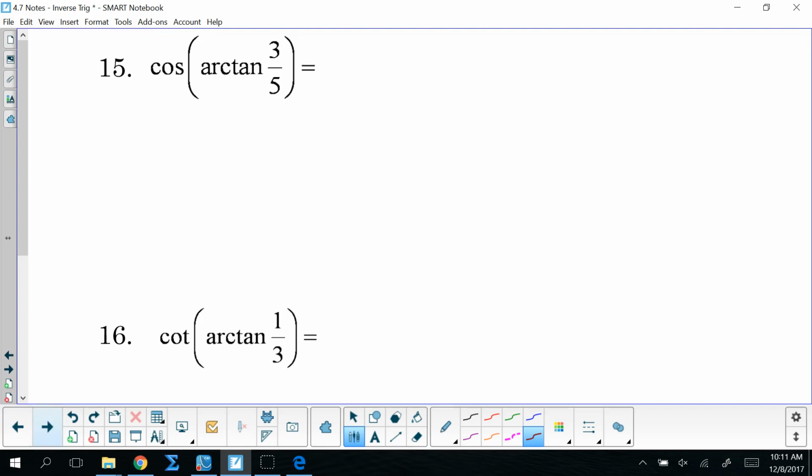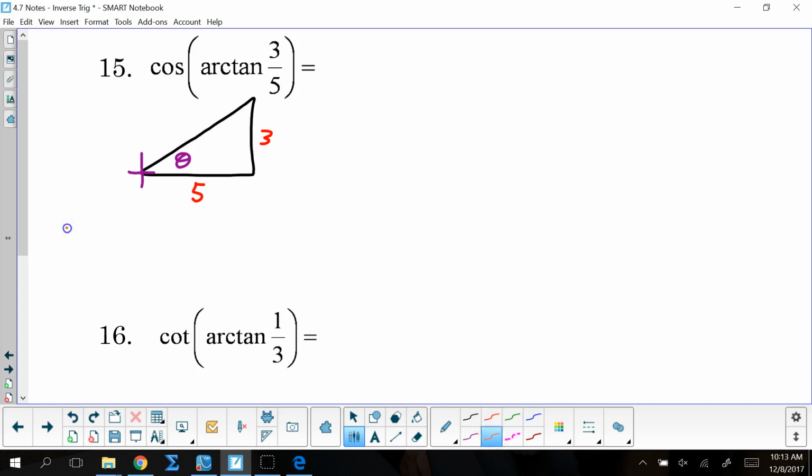Try those two. Arctangent is positive in quadrant number 1. It tells me then that my opposite side is 3, my adjacent side is 5, which means my missing side is what? Square root of 34.